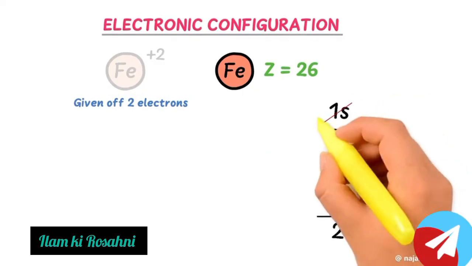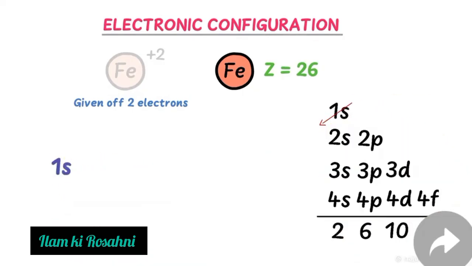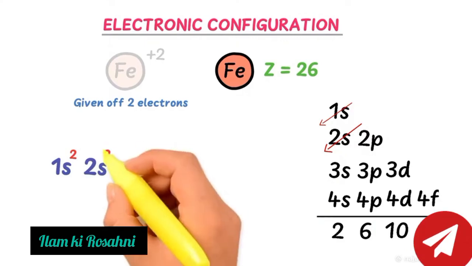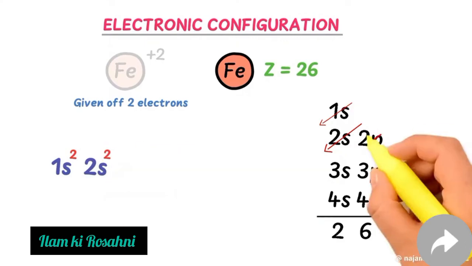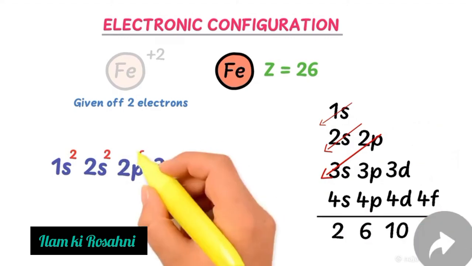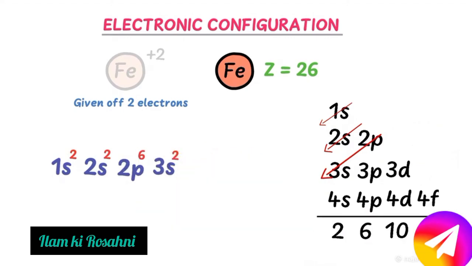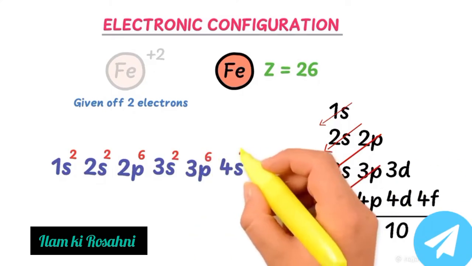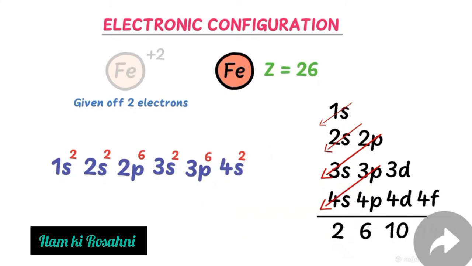I cut 1s and write here 1s. Then write 2 over 1s. I cut 2s and write 2s here. I write 2 over 2s. I cut 2p and 3s and write it here. I write 6 over 2p and 2 over 3s. Then I cut 3p and 4s. I write 6 over 3p and 2 over 4s.